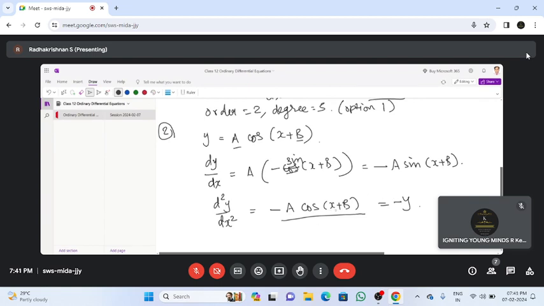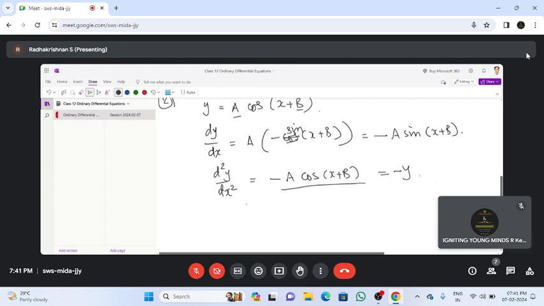Because a cos x plus b is y, and you have a minus sign here, so it is minus y. That is why the equation becomes d square y by dx square plus y equal to 0, which is your option 2. Nice.